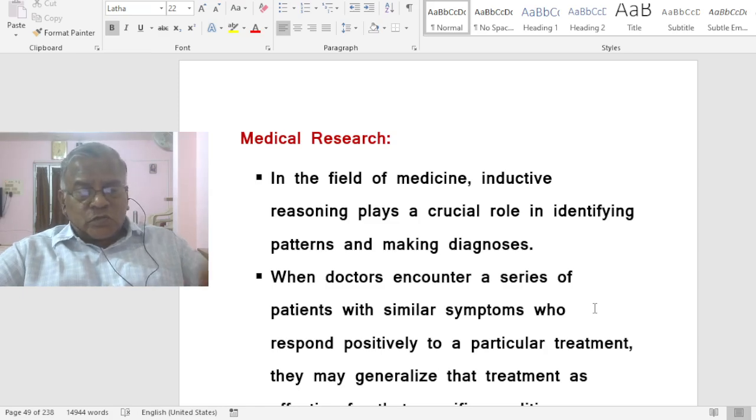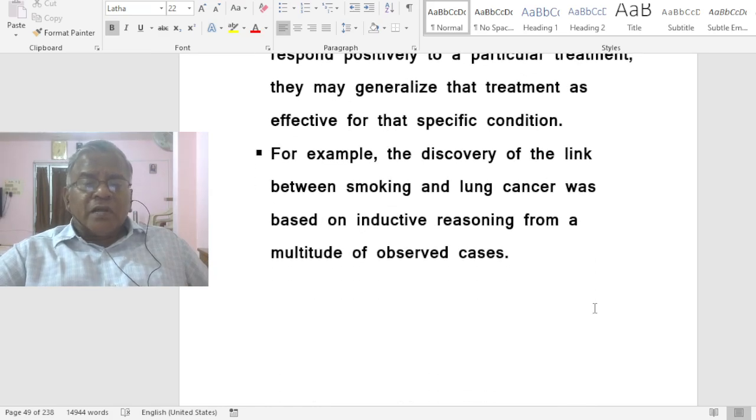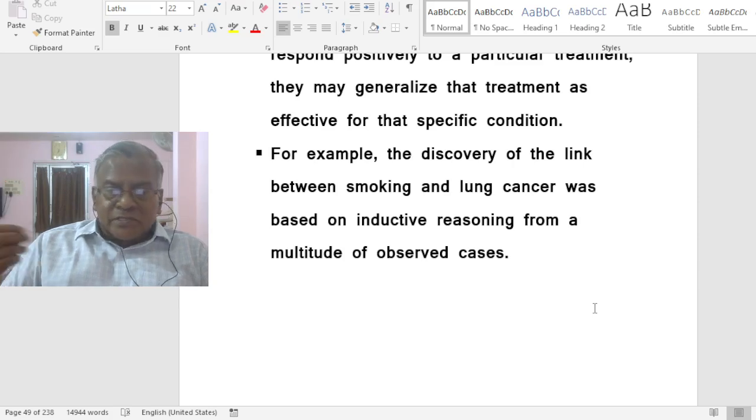Inductive reasoning is used in medical research. For example, the discovery of the link between smoking and lung cancer was based on inductive reasoning from a multitude of observed cases. You examine one fellow, he is having lung cancer and he is a chain smoker. Another one comes, he is also suffering from lung cancer, he is also a chain smoker.